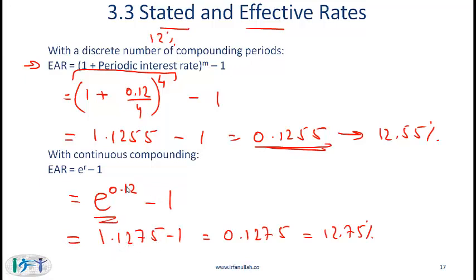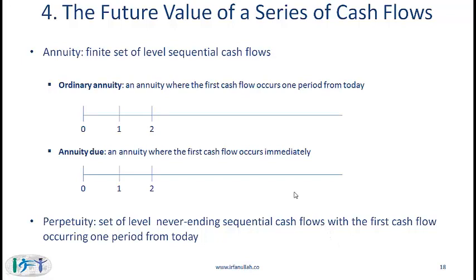That's the e to the power of 0.12, and in case you're not familiar with this on the calculator, you plug in 0.12 and then second and then e to the power of x. That will give you this number, minus 1, which will give you this number, which is the return expressed as a percentage, that is 12.75%.